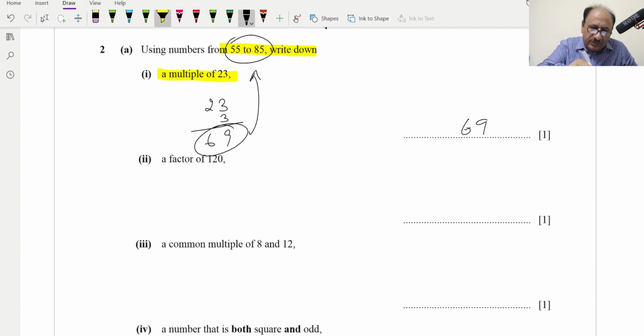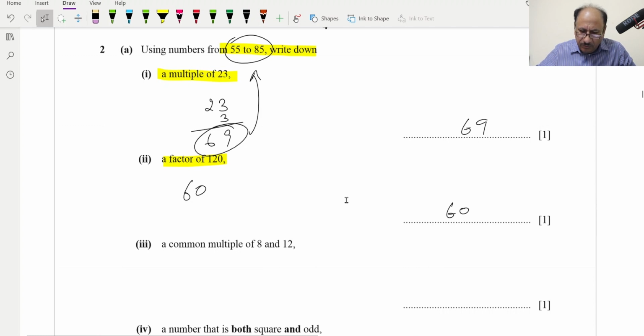Then a factor of 120, it should be in between 55 and 85. The factor is 60, which is in between 55 and 85, so we can write here 60. One mark question, no working is required.